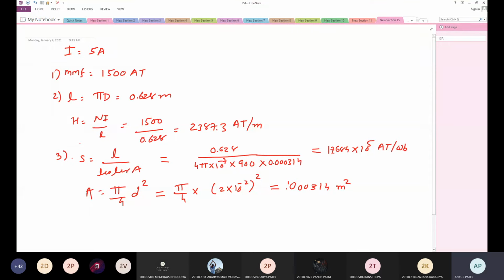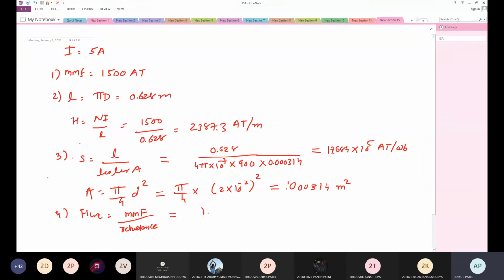Just check your answer, are you getting it or not? And we need to find flux. Flux is given by, like current I is equal to EMF upon resistance, so flux is equal to MMF upon reluctance.